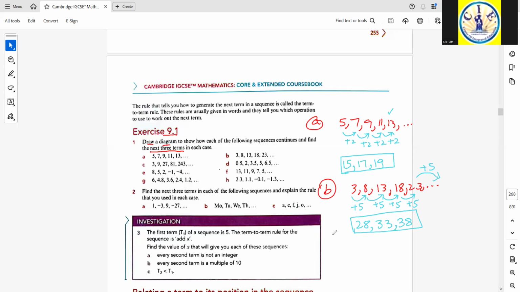Then for part C, 3, 9, 27, 81, 243, and so on.